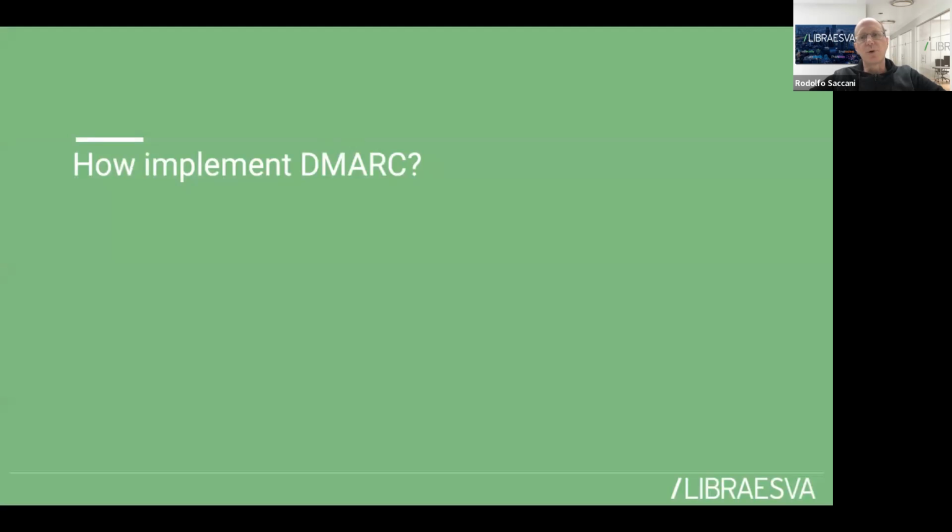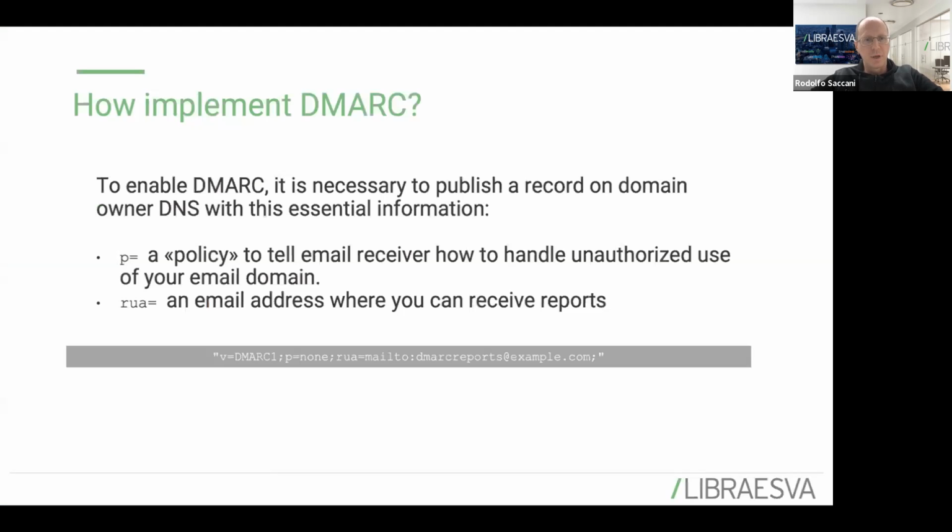So if I want to implement DMARC on my domain for the emails that I send, what am I supposed to do? All I need to do is to publish a TXT record on my domain. So I publish a TXT record that contains the policy, which is the P parameter in this case. In this case, it's a none policy.